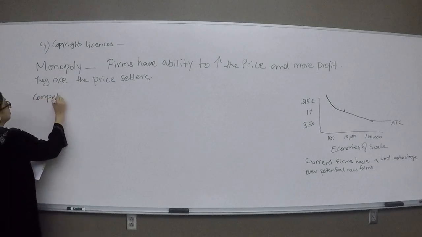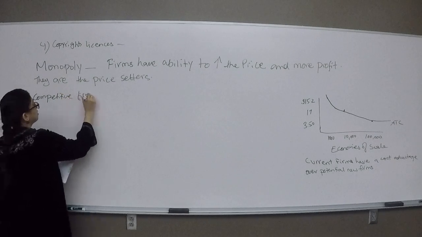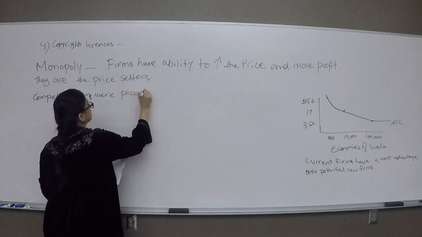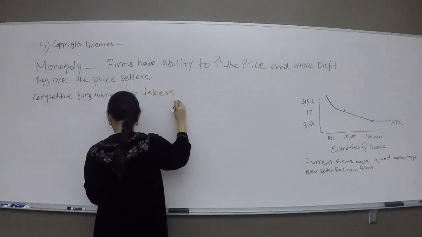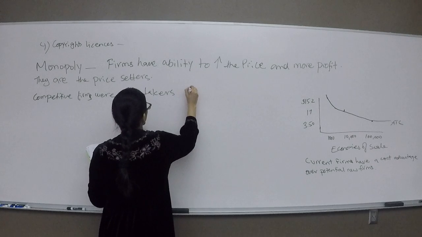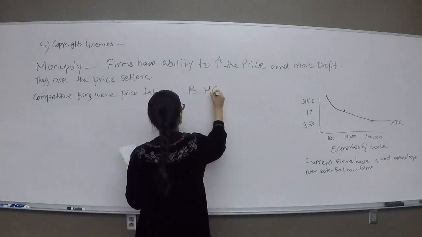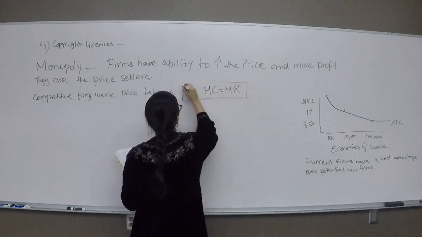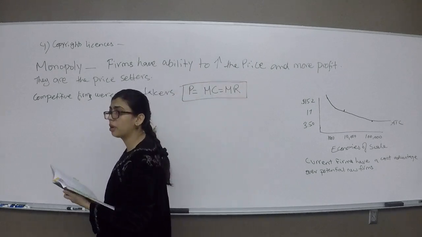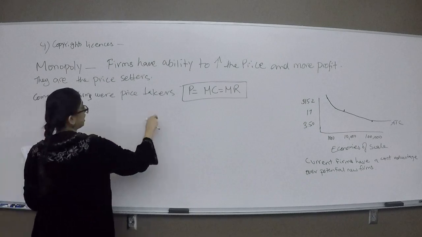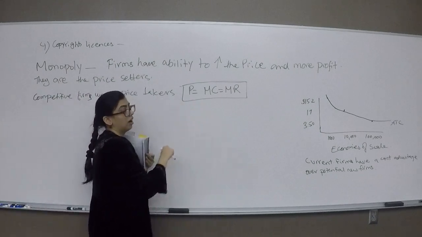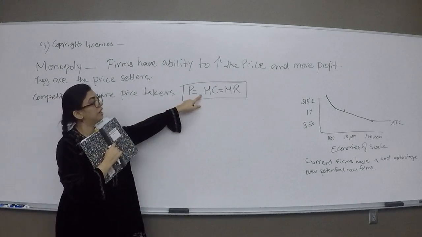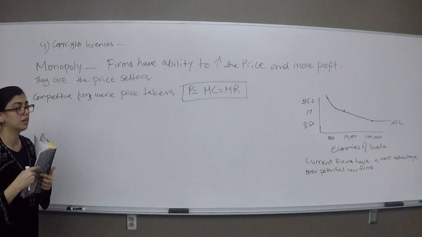Competitive firms were price takers. This was the gist of competitive market, that marginal revenue was equal to the price, and at that point, marginal cost would be equal to, that would be their equilibrium point, right?